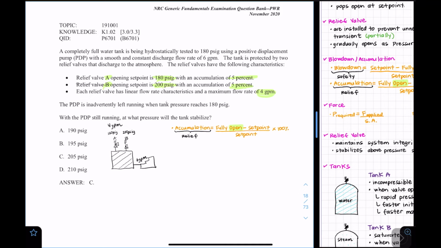What we need to solve for first is, we are given the accumulation and we're given the set point for each one. So they're going to be fully open at what pressure, and that's what we need to solve for initially.